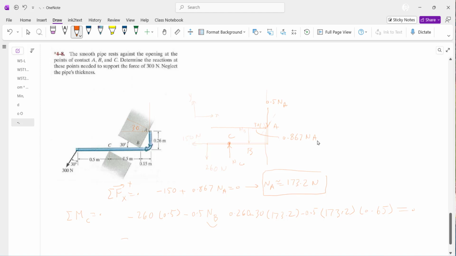So that's minus 130 minus half NB. So this horizontal rotation, it is going above C, and that makes a negative rotation.